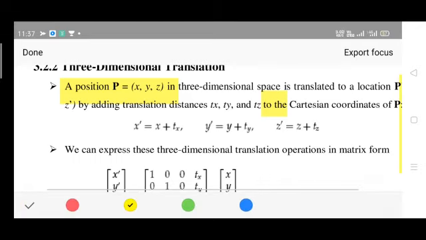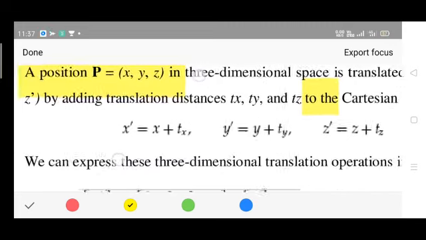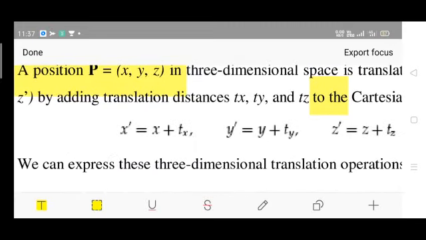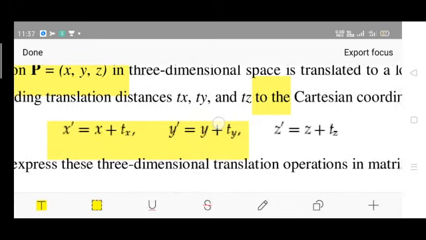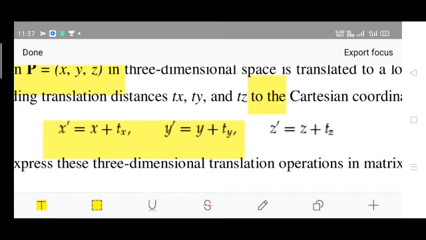Since translation factors are supposed to be added, x plus tx and y plus ty we considered. The same concept is taken: x dash equal to x plus tx, y dash equal to y plus ty. This is directly from the previous concept, our 2D translation.